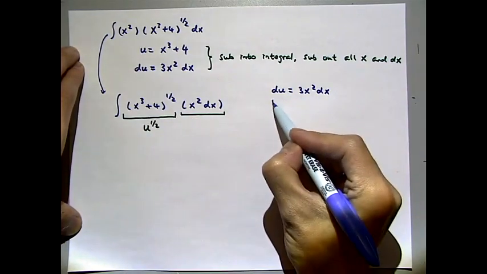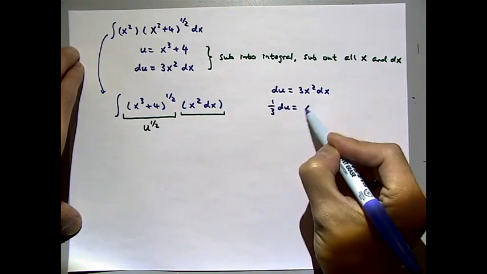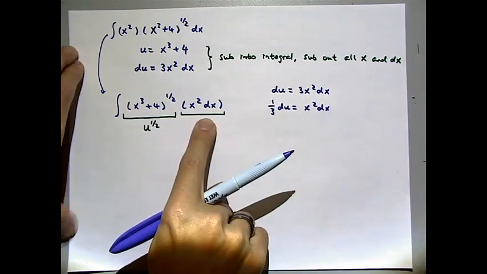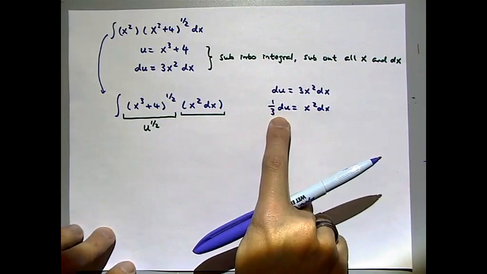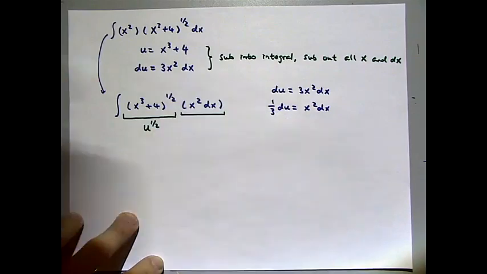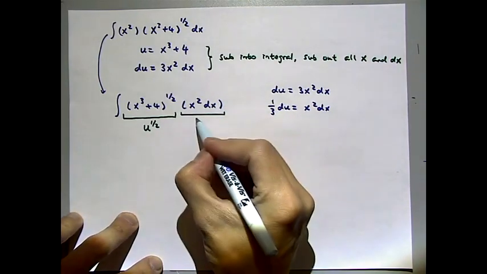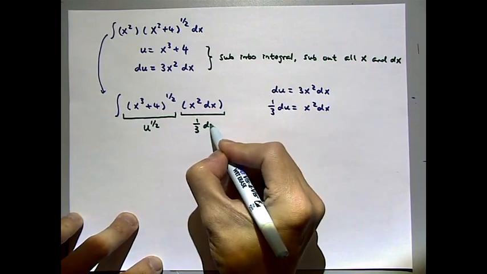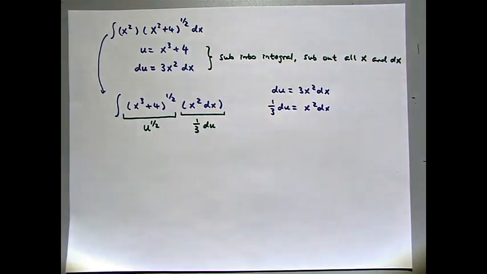So if I divide out that 3, then what I have here is related to du, but not precisely 1 du, but actually 1/3 of a du. So this here is 1/3 times du. Any question on how we got that 1/3 du? Okay, is it clear to everyone? Okay, then let's proceed.